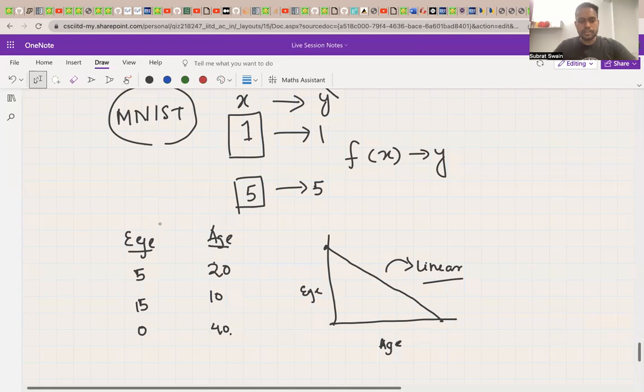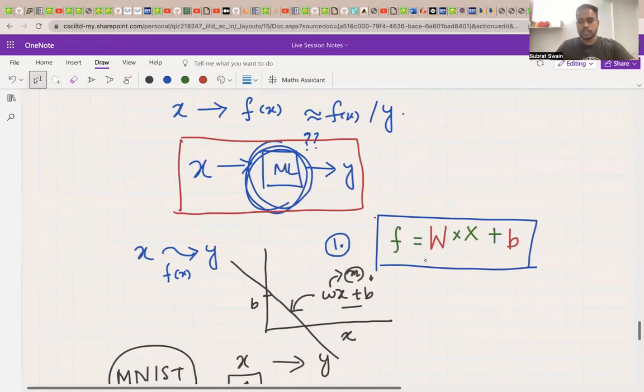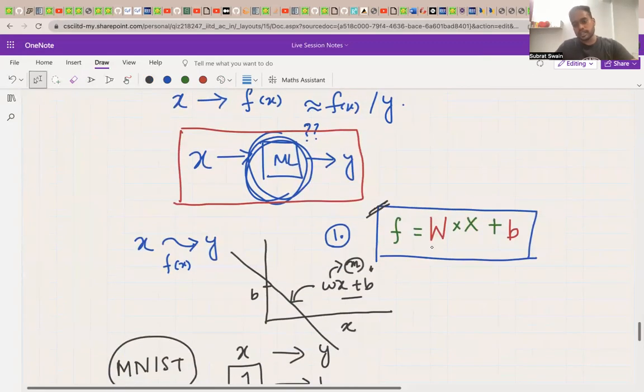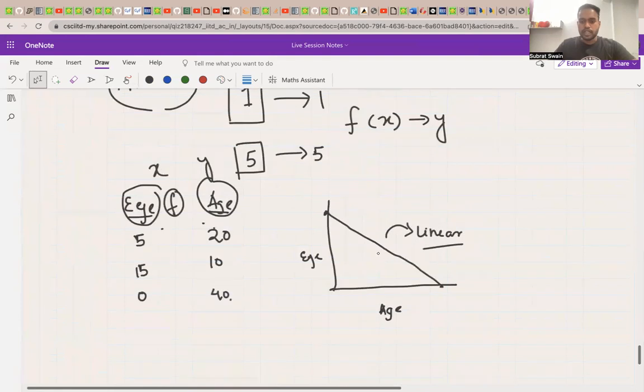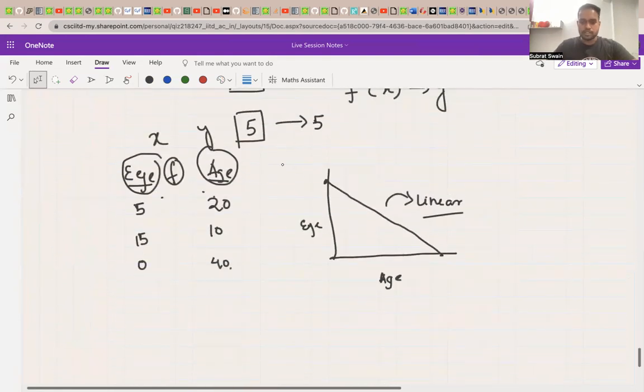If you are given this X and Y pair and you have to predict the function that relates eye power and age, and you assume this function is Wx plus B, and somehow you get, I will tell how to get W and B, the values of W and B, you will be able to correctly predict this function, because the underlying function we're trying to predict is linear. The eye power is decreasing linearly with age. If the age increases, the eye power reduces. So this is a direct correlation between these two things.